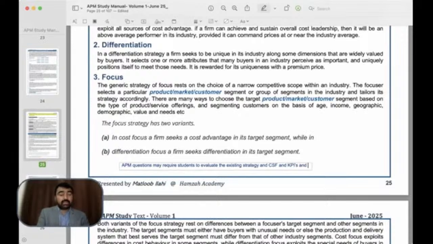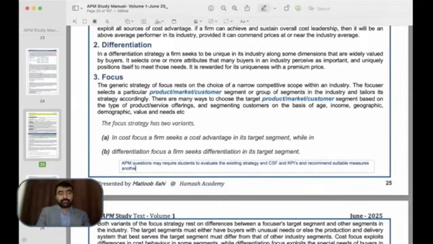And recommend suitable measures. For example, if existing KPIs are not effective, then you may be required to recommend suitable KPIs as well.